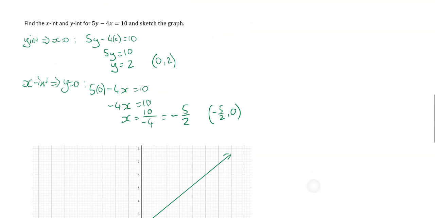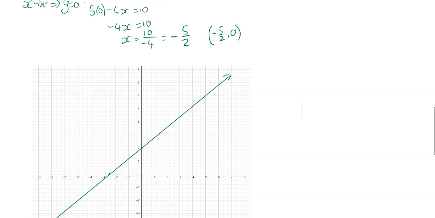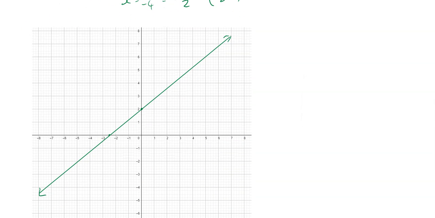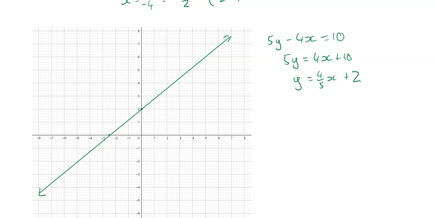As a side note, I could rearrange this to get the gradient and y-intercept, and I'm going to just for fun, but it's not asked in the question. So we had 5y minus 4x equals 10. I'd have 5y equals 4x plus 10. y equals 4 on 5 x plus 2. So my gradient there is 4 over 5. So I'm rising by 4 units, running by 5 units.